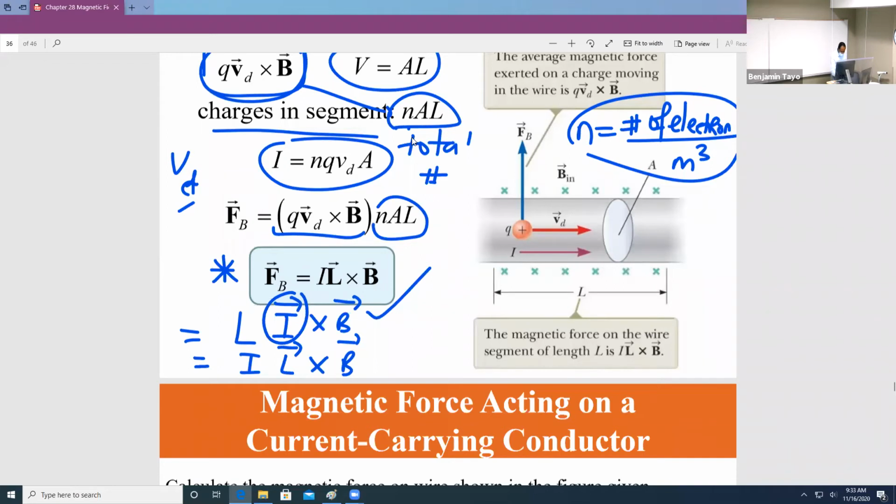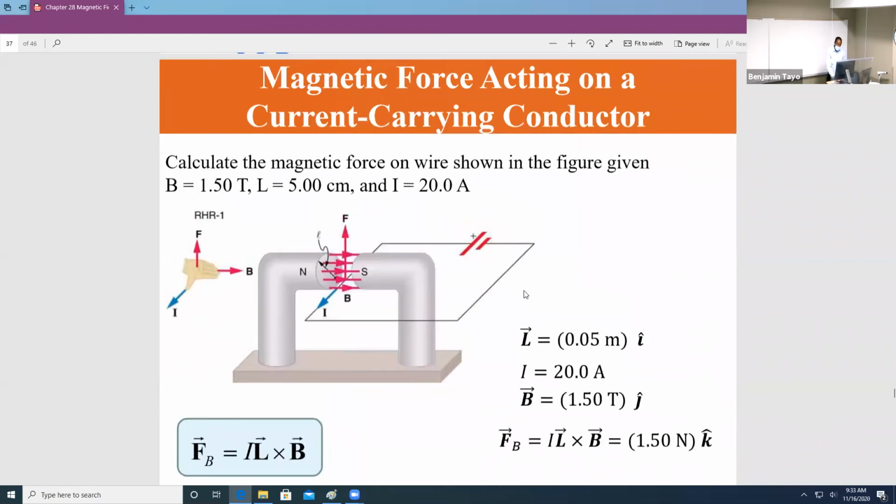But if you want to use the second equation, you can take the current as a constant and then instead use the length vector. But the point is that the length vector and the current vector are pointing in the same direction. So we're just going to use this equation here. We treat the current as a magnitude and then just focus on using the length vector. All right, so let's look at this example here.